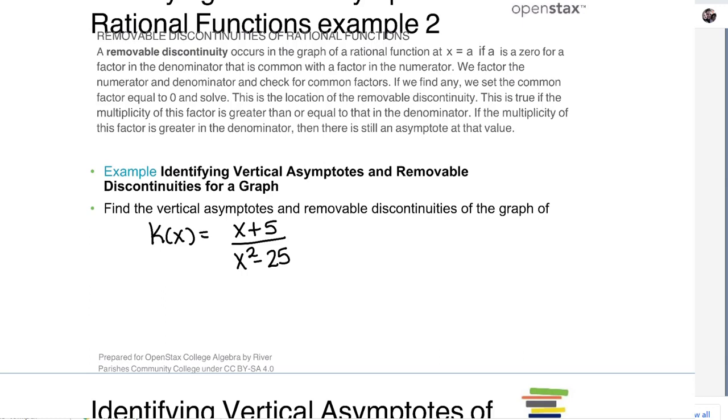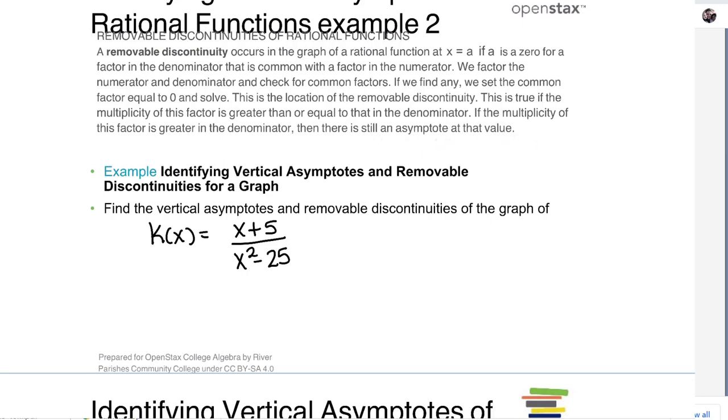You would find a removable discontinuity instead, which is basically a hole in the graph. Now, there is a small exception to that. This is true if the multiplicity of the factor in the numerator is greater than or equal to that in the denominator. If the multiplicity of the factor is greater in the denominator, then there is still an asymptote at that value.